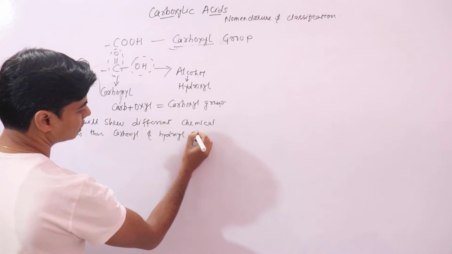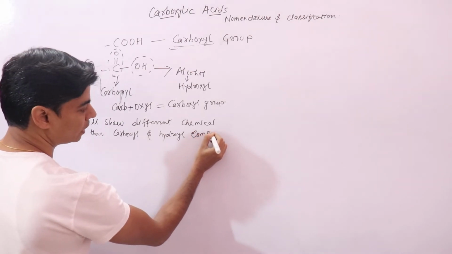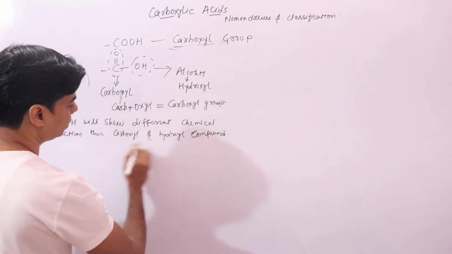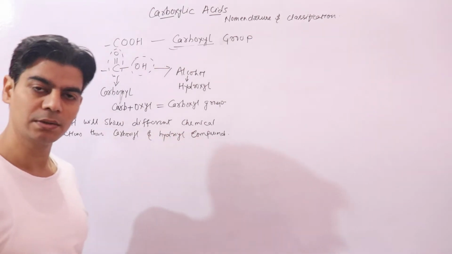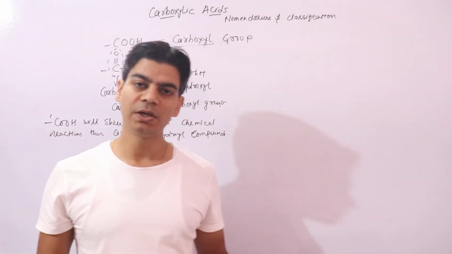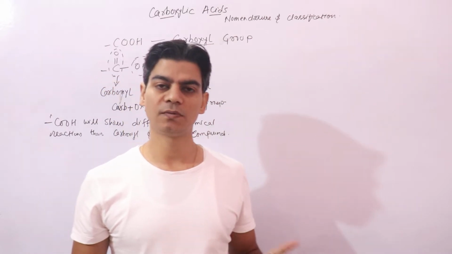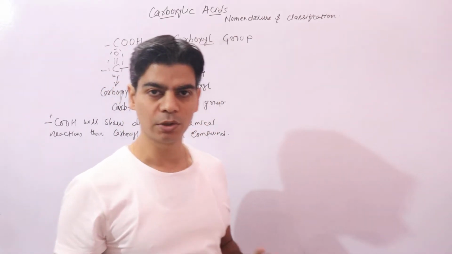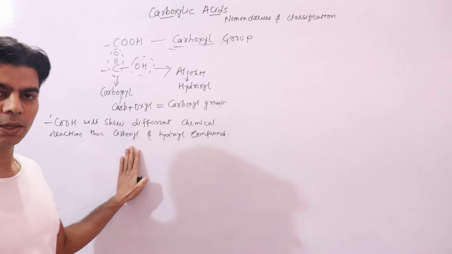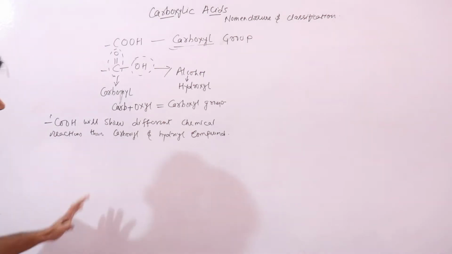We know that carbonyl compounds are aldehydes and ketones, and hydroxyl compounds are alcohols. So it will show different chemical reactions and chemical properties from alcohols and carbonyl compounds. Carbonyl compounds, we know, are aldehydes and ketones, right?